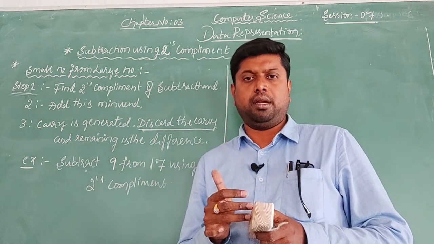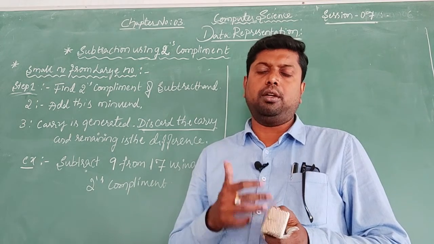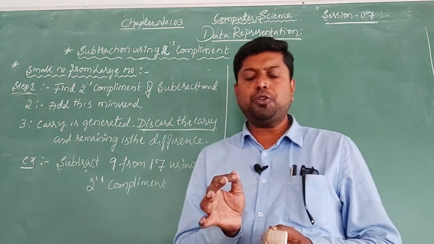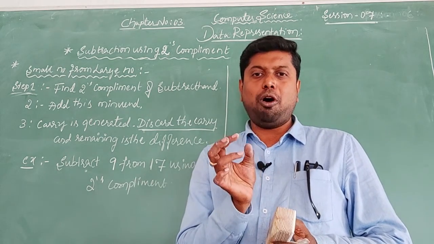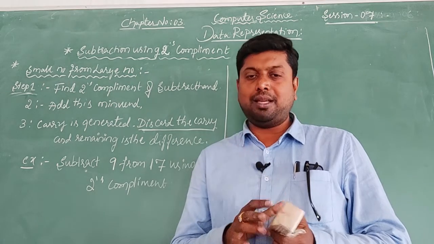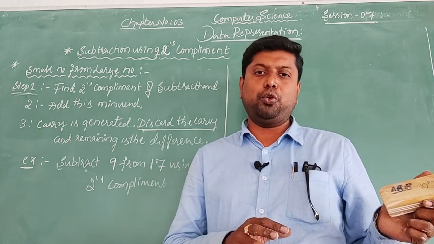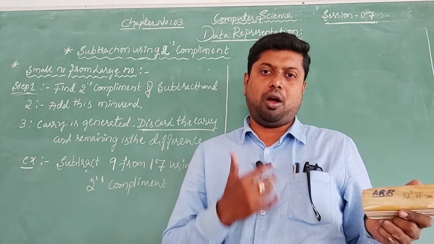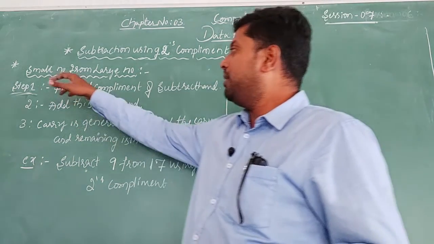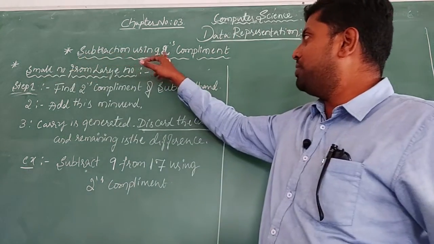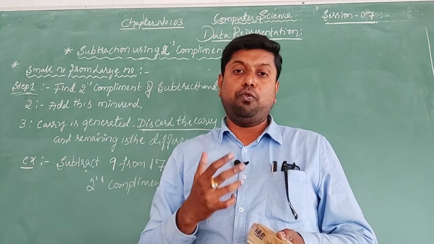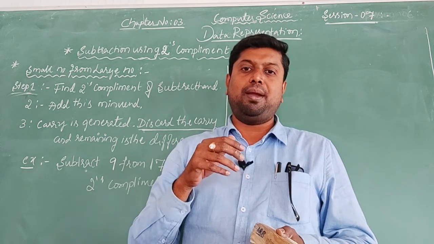The same method we follow for 2's complement also, but here we have to make a small change. In the ones complement method, for the subtrahend we did the ones complement. But here, the problem itself is subtraction using 2's complement. Hence for the subtrahend we want to complement it twice.